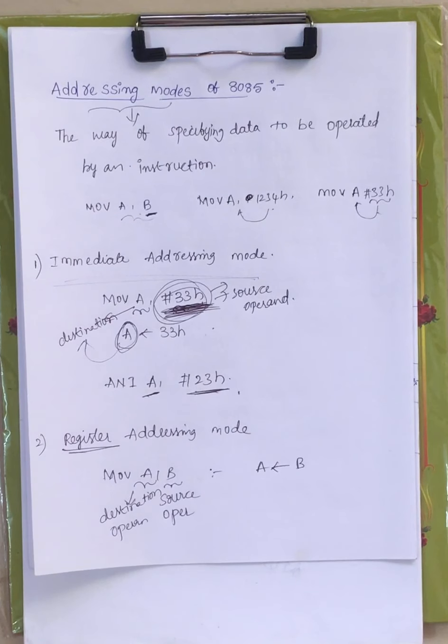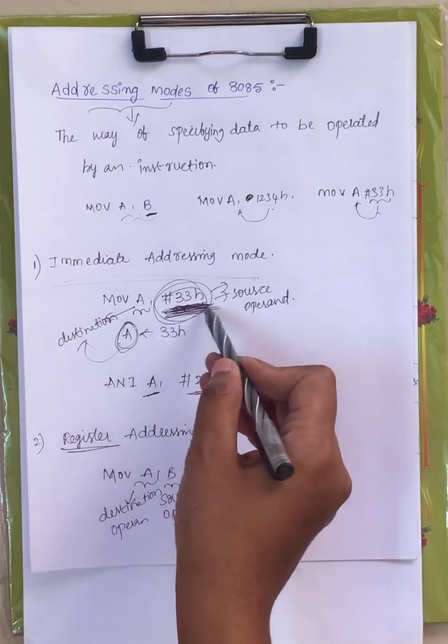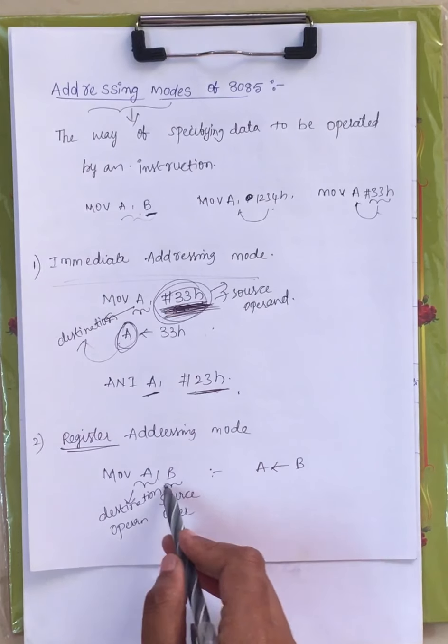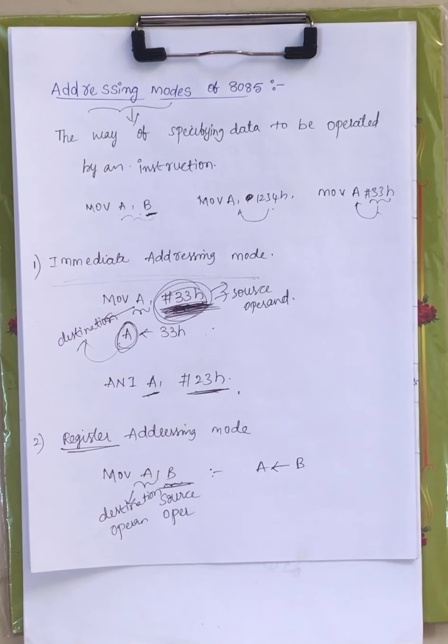That is, addressing mode is nothing but the way of specifying the data to be operated by an instruction, whether it is immediate data, register or memory location, right?